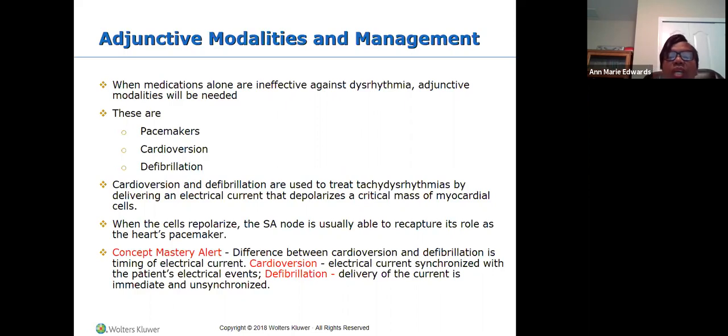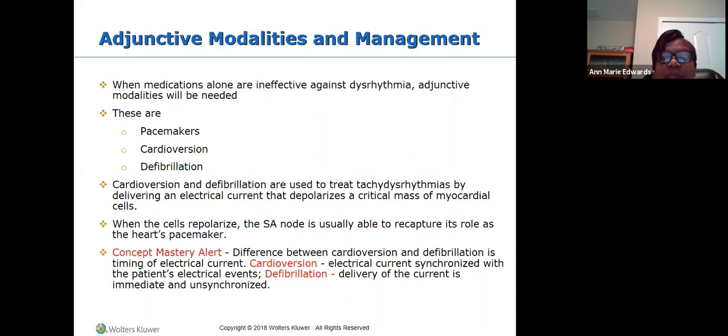So that's what we do in defib and cardioversion. We deliberately depolarize these cells that are fibrillating or fluttering. Then when they repolarize, the sinoatrial node, the heart's natural pacemaker, is able to recapture its role.